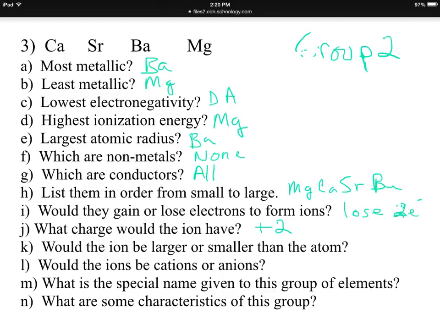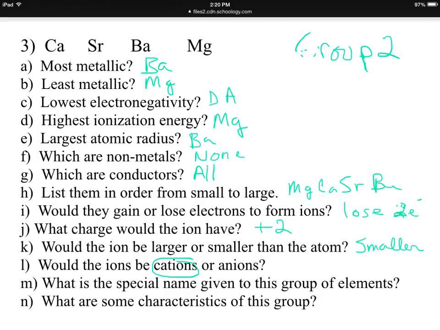Would the ion be larger or smaller than the atom? Well, think about that. If we're losing 2 electrons, it's going to be smaller. Would the ions be cations or anions? They would be cations.